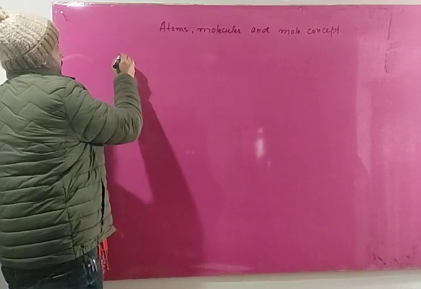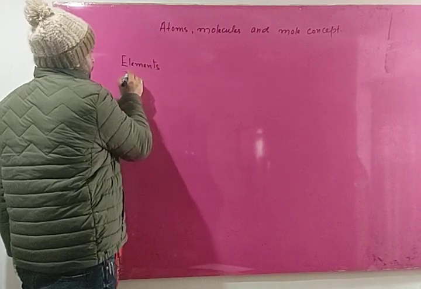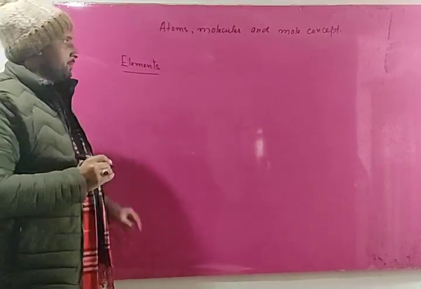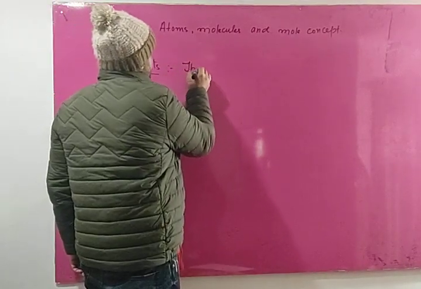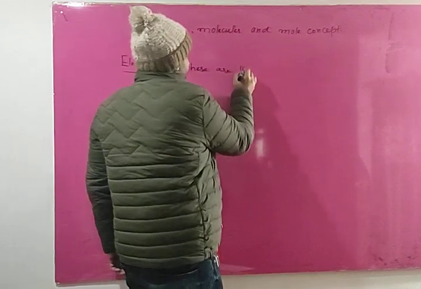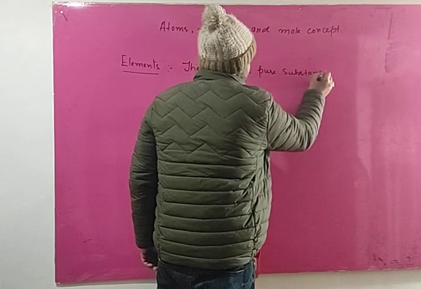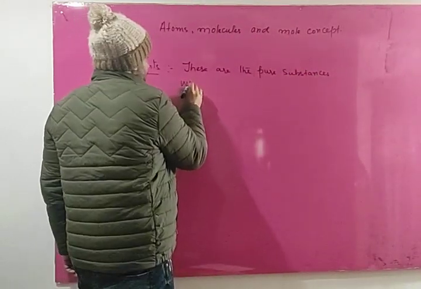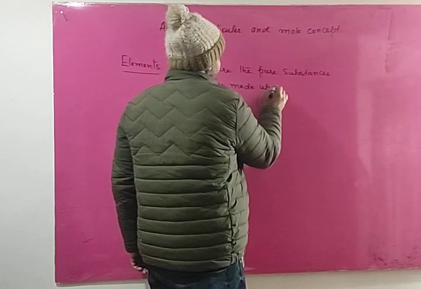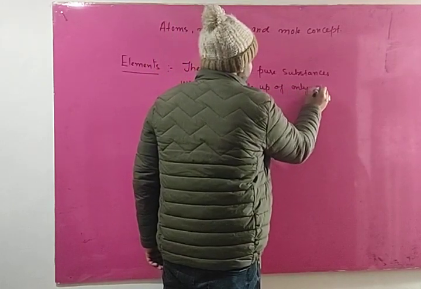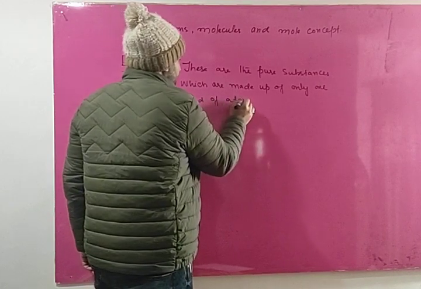So, when we say pure substances, we have elements and compounds. First, we'll say what are elements, right? By definition, these are the pure substances which are made up of only one kind of atoms.